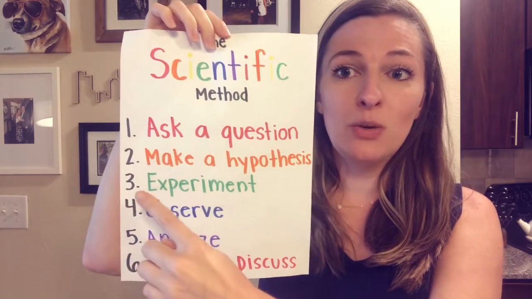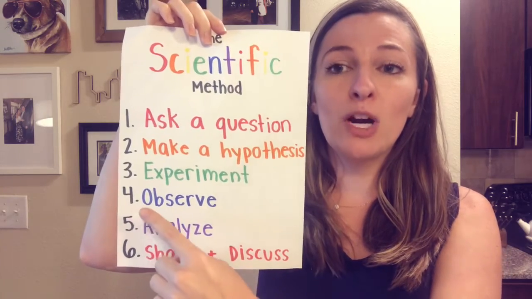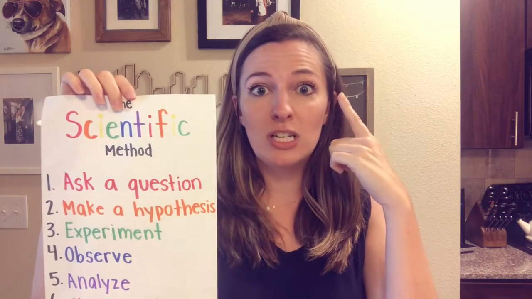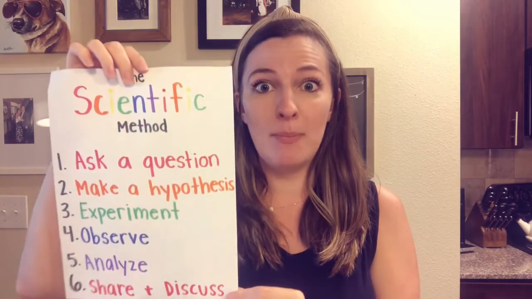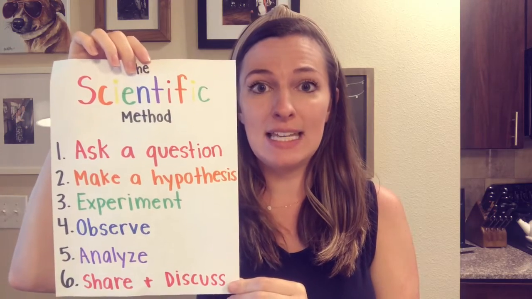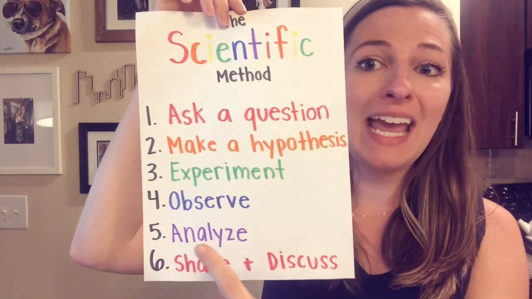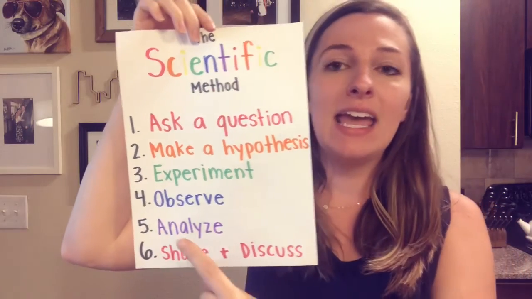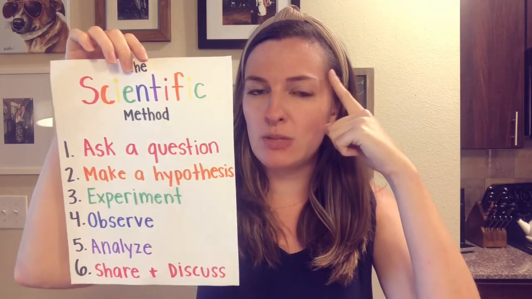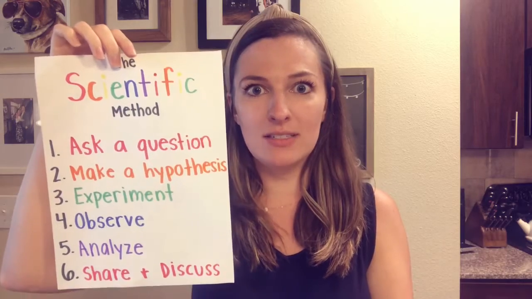Number 3, we do our experiment. Number 4, we observe. So we look and watch and wait and see what happens. Number 5, we analyze. Analyze means we use our brains and we think really hard about why that happened.